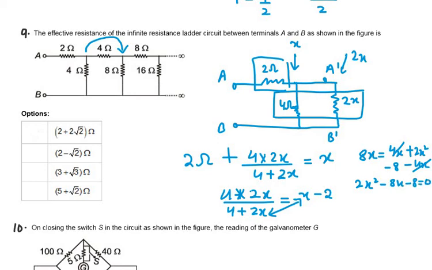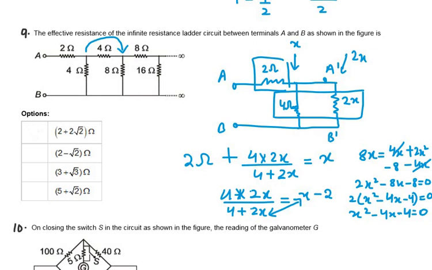So now in this case, we will take common 2. So it will become x square minus 4x minus 4 equals 0. So therefore the equation is x square minus 4x minus 4 equal 0. So this is the equation we have. Now we can use the quadratic formula to solve this.